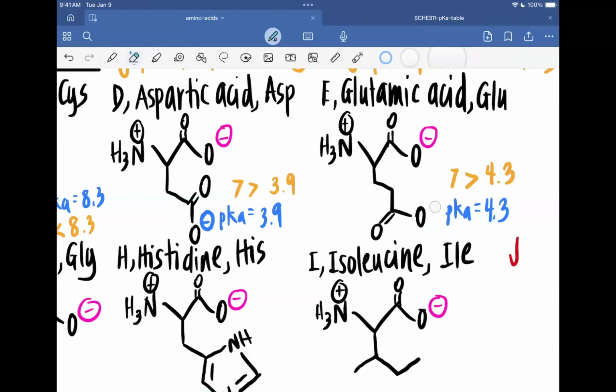So I'm going to erase that hydrogen and give it a negative charge to give us a carboxylate in our side chain. So you may have heard this as glutamic acid, or you may have heard this as glutamate, because at physiological pH, we're going to have deprotonation because the pH is greater than the pKa of that ionizable proton.